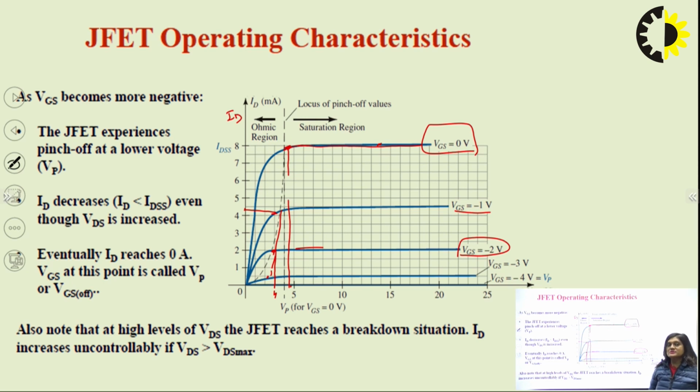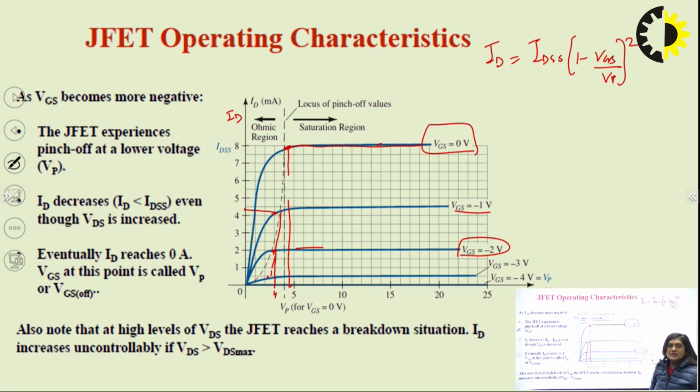This drain characteristics curve also follows an equation called the Shockley equation: ID is equal to IDSS times (1 minus VGS upon VP) whole square.